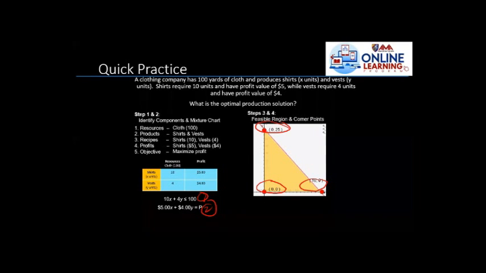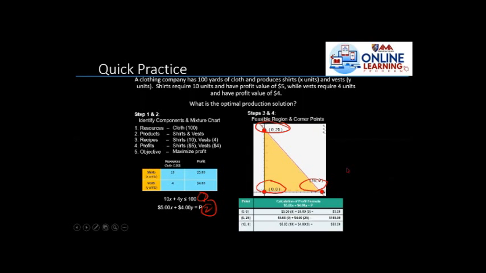Equation 2 po, sir. Equation 2. Kasi we are getting the maximum profit na. Very good. Now, if we substitute that, okay. So, tingnan natin if we substitute that.